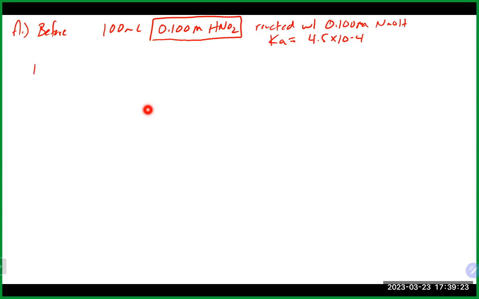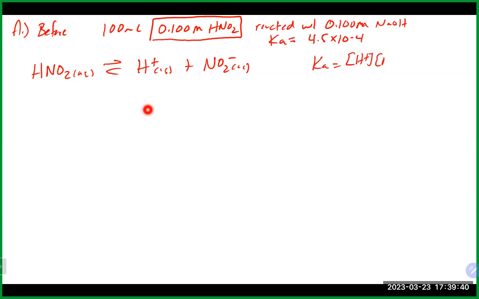So what we want to do is our weak acid dissociating into H plus and NO2 minus. This will give us a Ka expression of H plus times NO2 minus divided by HNO2, and that equals our Ka value of 4.5 times 10 to the minus 4.